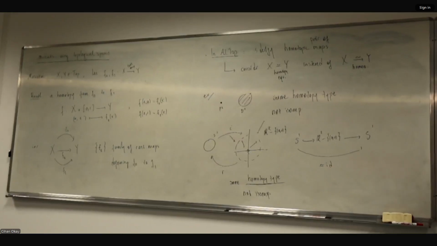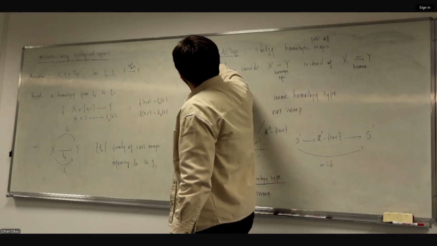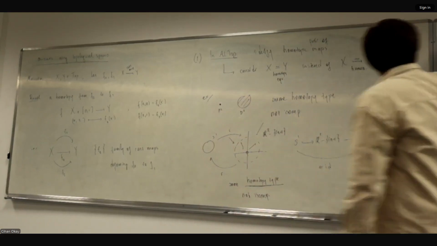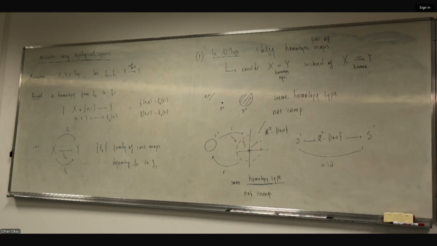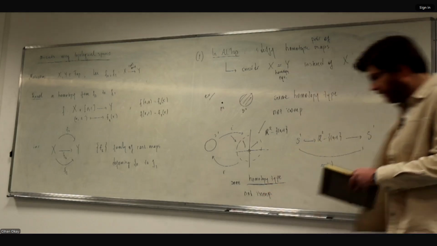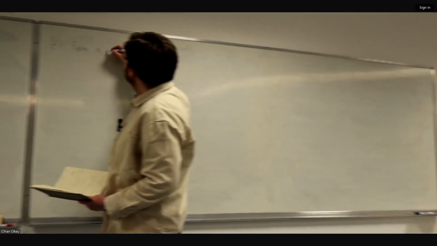But you can do more. So this is the first observation you can make, and the second observation, okay? And you can actually define a category by using these things. So you can form a category.